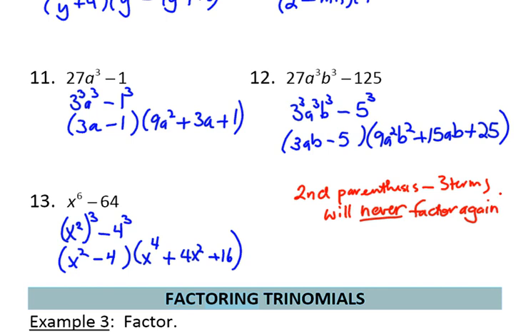However, the first parentheses, and I'm just going to point this out, has x squared minus 4. And that is the difference of squares. So it actually will go one more step into x minus 2, x plus 2. And the x to the 4th plus 4x squared plus 16 wouldn't factor if you were to try the AC method on that.